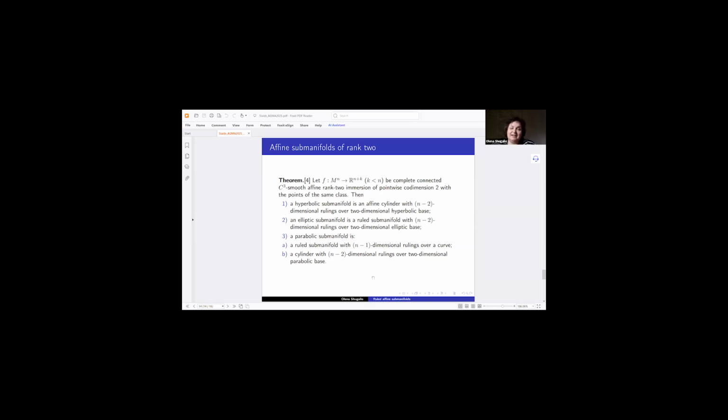It's not a curve. We know that if we have affine curvatures of a curve, we have the curve in affine space. For a two-dimensional surface, it's not true. It's much more complicated, and we have much more variety for our affine ruled submanifolds with such a base.